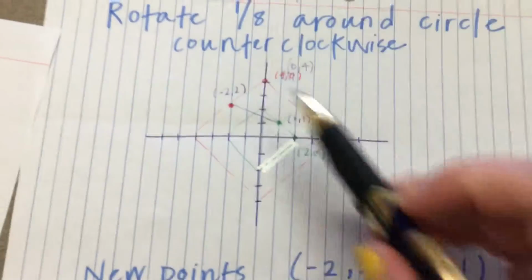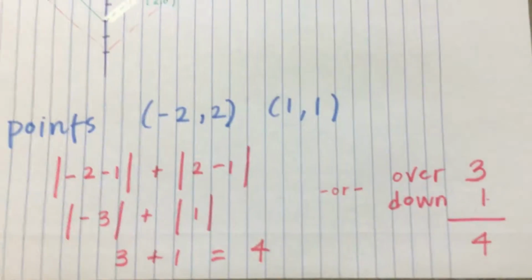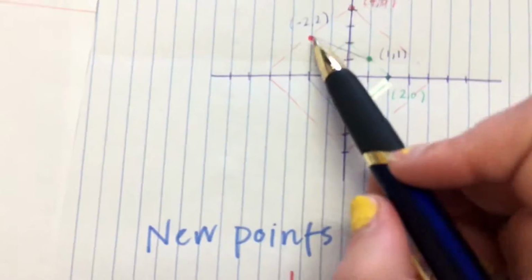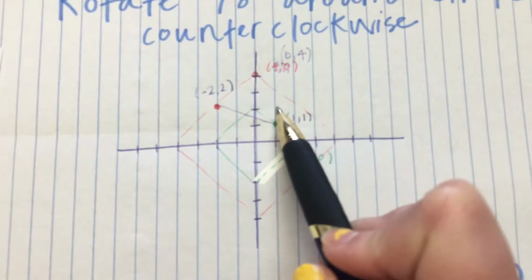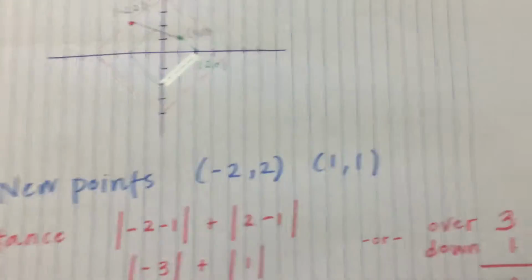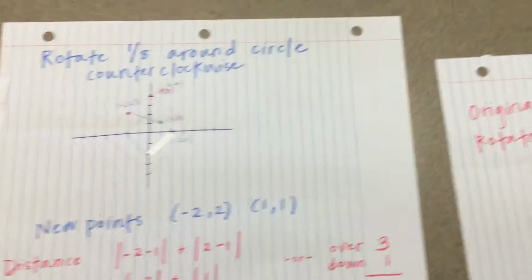So my distance between these 2 points is now 4. Another way to check that is by doing the Etch-a-Sketch counting. I would go over 1, 2, 3, and down 4. So I know that my new rotated distance is 4.